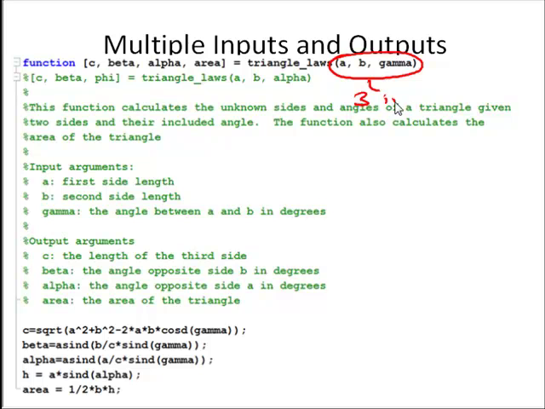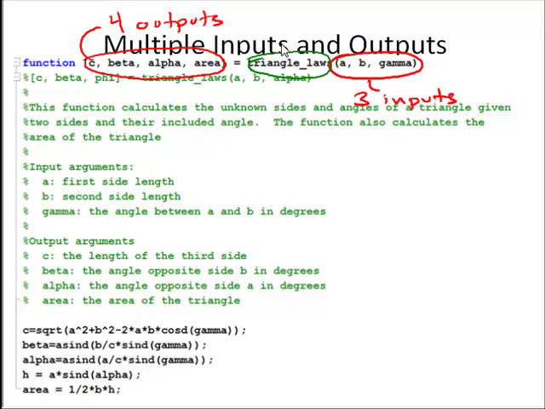There are 3 inputs, which we've called A, B, and gamma, and there are 4 outputs. These are the values that are going to pass back and forth between the workspace that's specific to the function called triangle laws and the base workspace in the command window.